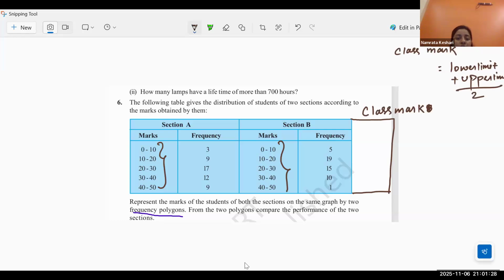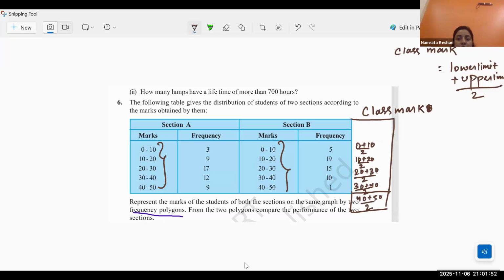So let's do it. 0 plus 10 by 2. 10 plus 20 by 2. 20 plus 30 by 2. 30 plus 40 by 2. 40 plus 50 by 2.